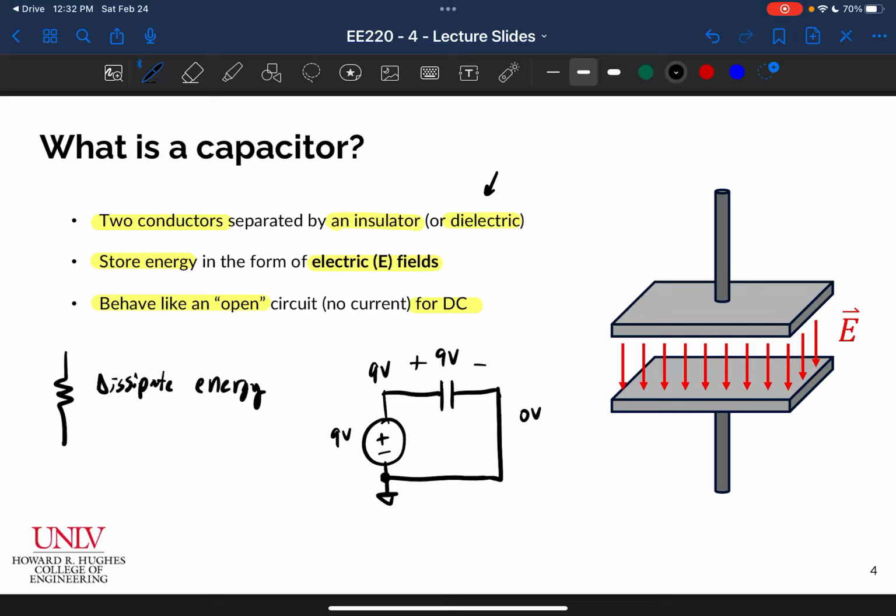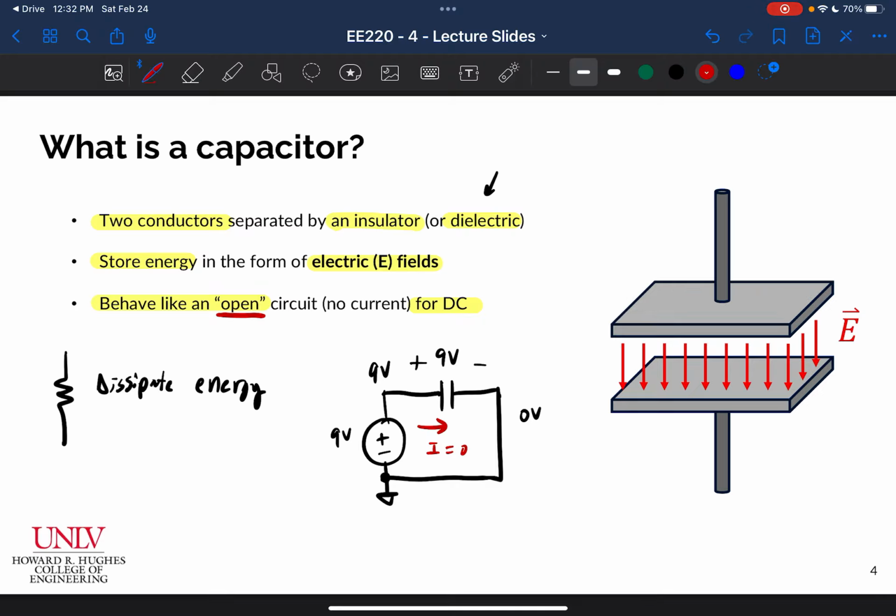However, the IV relationship of a capacitor is not the same as the IV relationship of a resistor. Instead, which we'll talk about a couple of slides from now, capacitors behave like an open circuit for DC. So there's actually no current flowing in this circuit, even with a voltage across my capacitor. That's an important concept.